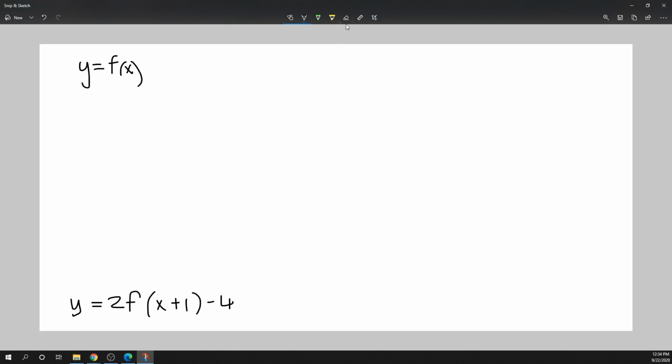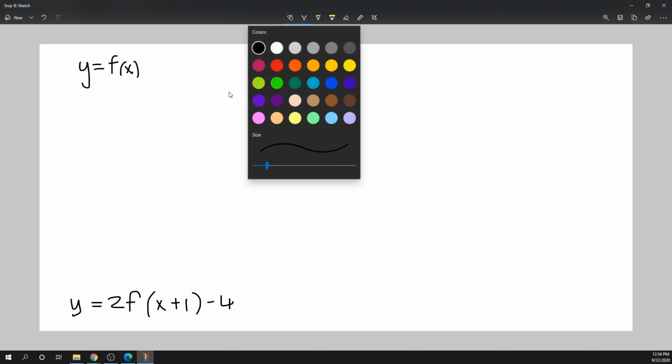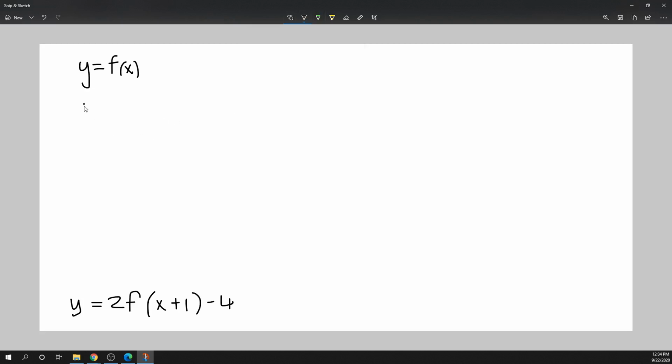Like I've shown in the previous examples, this one has both a vertical stretch or shrink and a vertical shift. So, like I said, you're better off doing the stretch first, or at least before you do the shift. So what sequence of transformations do we apply?